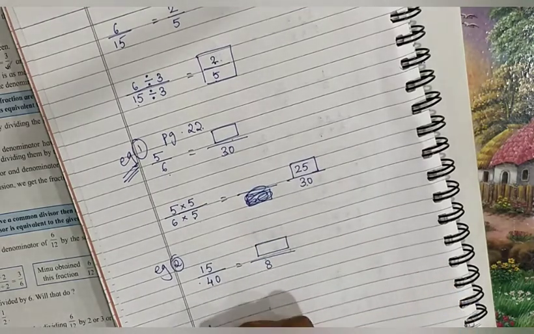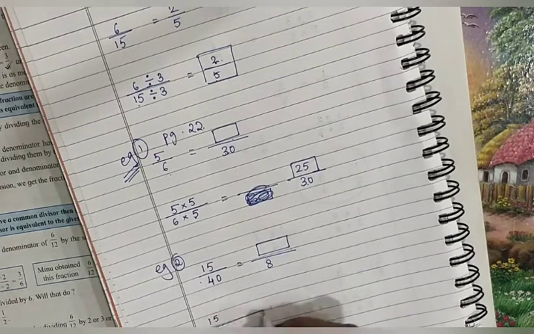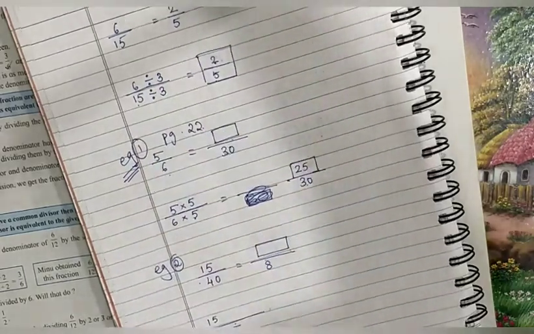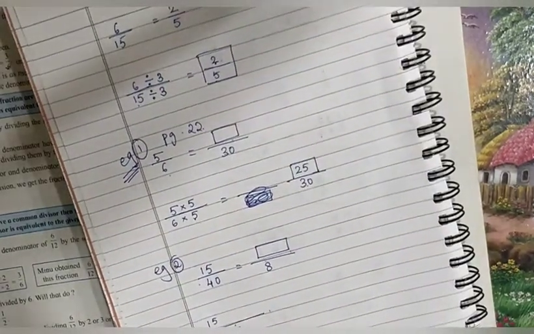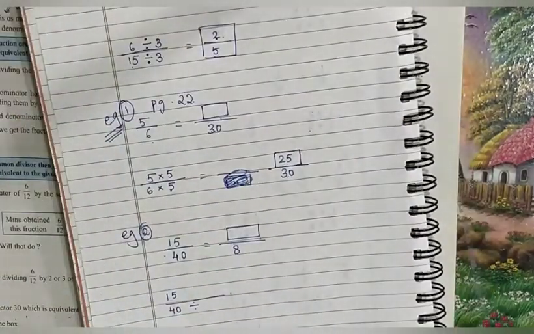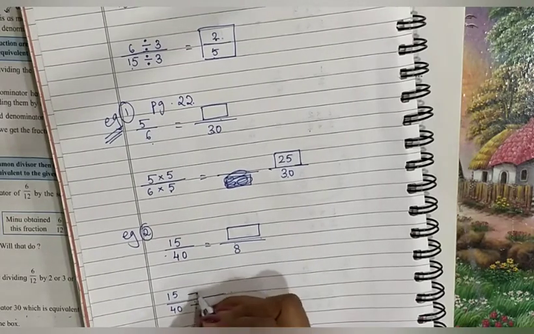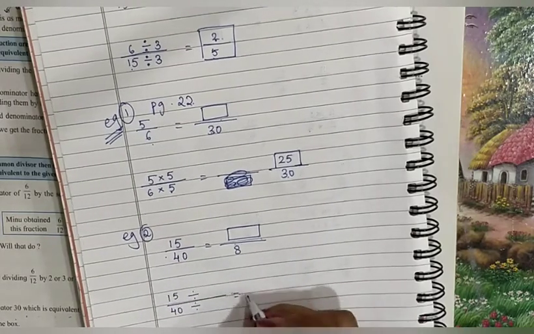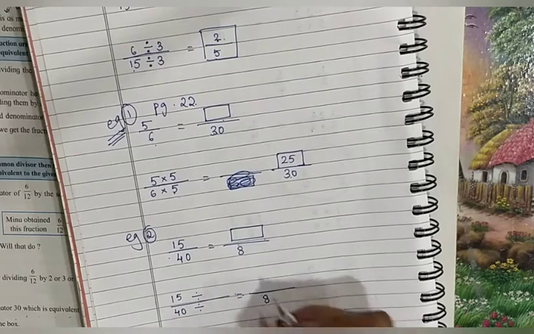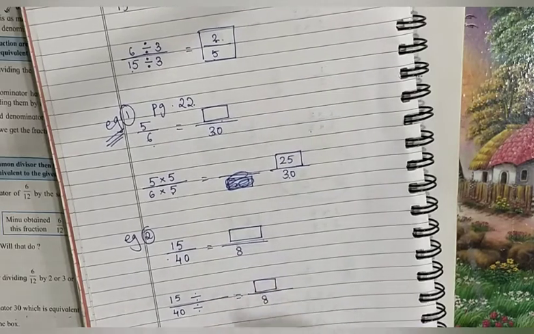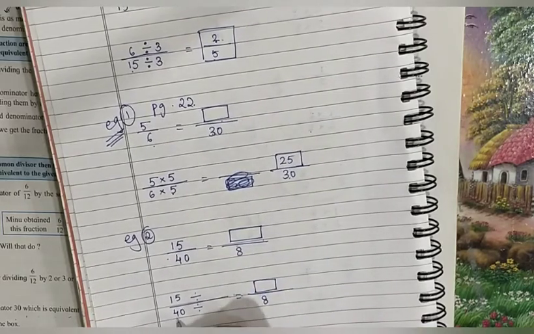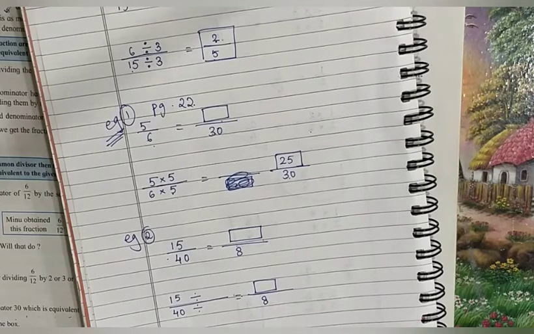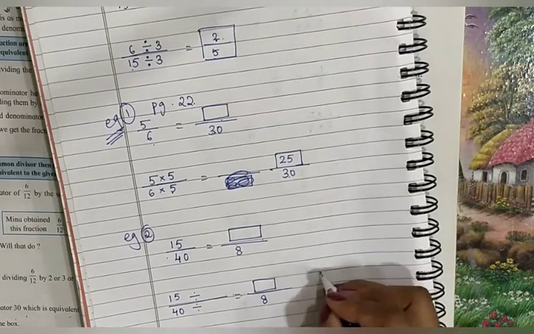So let us start. What answer do you require? Here it is 8 and here you have to search. How many times does 40 go in the 8 table? Let us start the 8 table. When you divide, or you can directly divide.